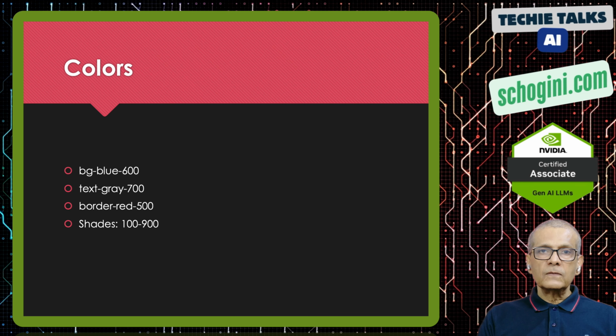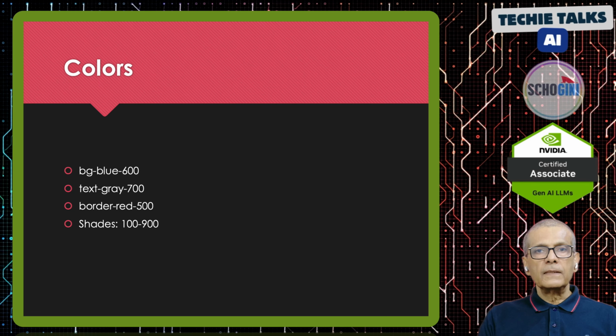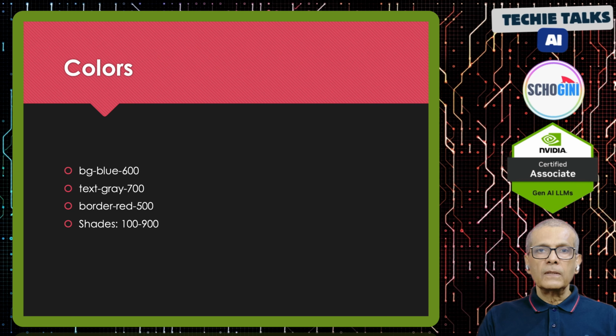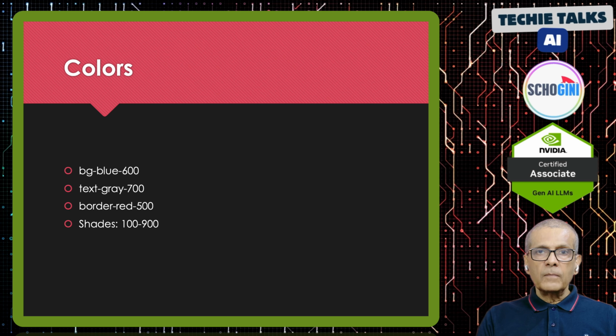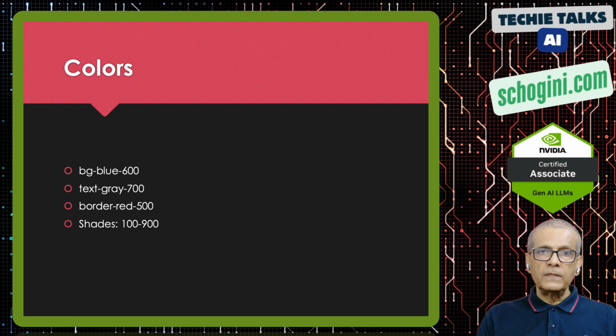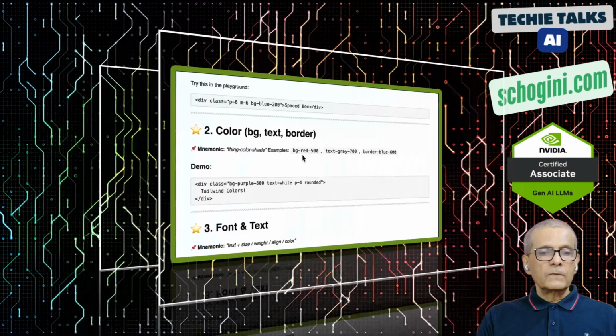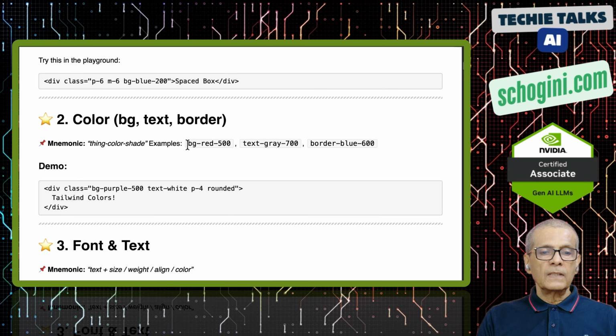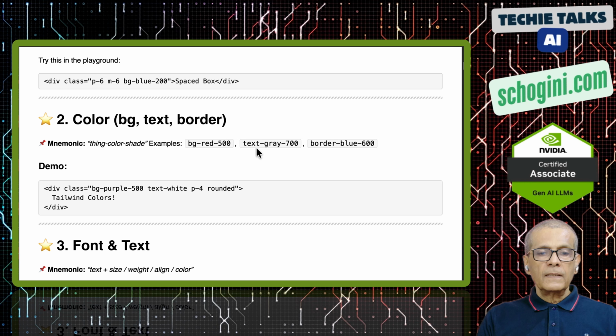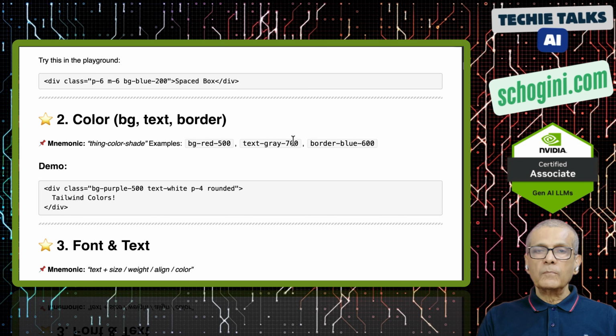Next is colors. Tailwind colors come in shades from 100 to 900. 500 is the sweet spot. Bold, but not too strong. Background, text, borders, everything follows the same pattern. Simple and consistent. So this is how we specify colors. BG-red, text-gray, and the number.